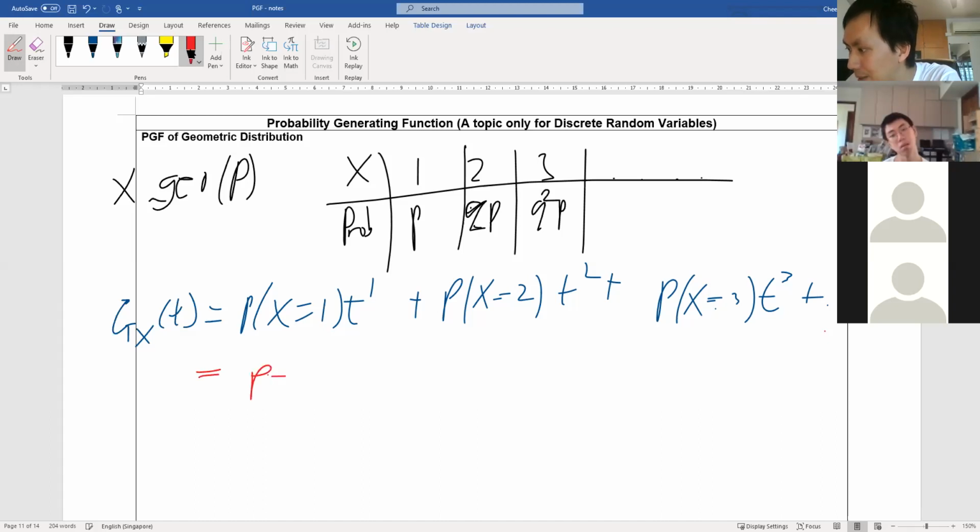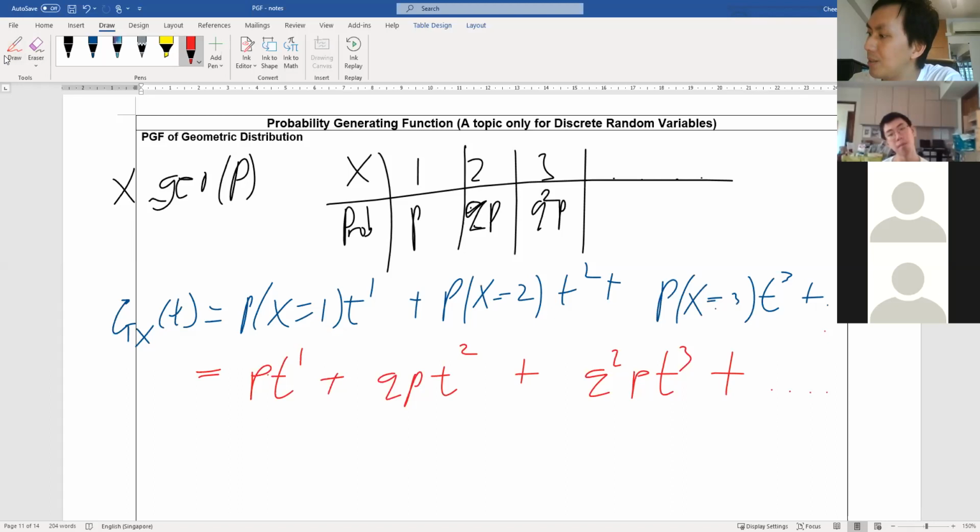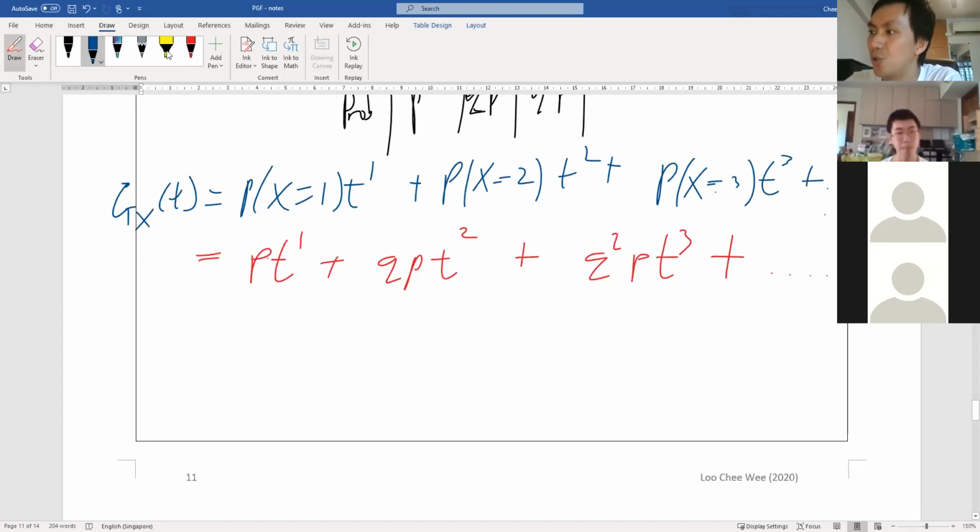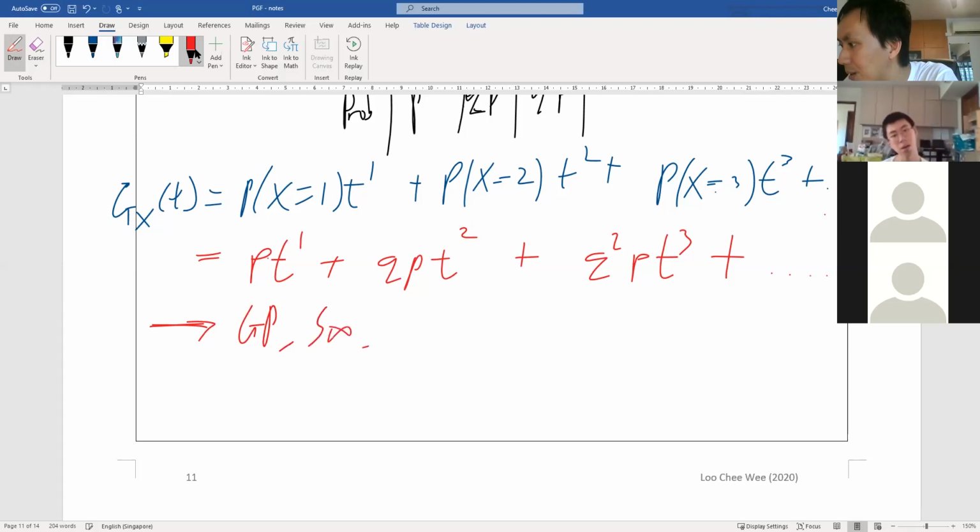This is just P t to the power of 1 plus Q P t square plus Q square P t cube plus ... If you look at this, this should remind you that this is a GP S infinity. So feel free to write these things down in the actual presentation. U1 is Pt, common ratio is equal to Qt, or simply 1 minus P t, up to you.